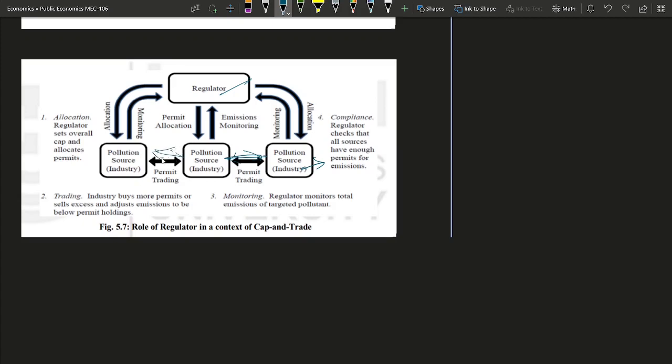And at some point, if the regulator decides to cut down the emission, the regulator can buy back these pollution rights from the market. The regulator constantly monitors that each pollution source, industry or factory must have the required number of pollution rights for the amount of pollution they are producing in the environment.